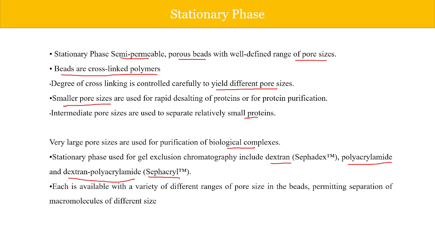Each is available with a different range of pore sizes in the beads, permitting separation of macromolecules of different sizes. So the stationary phase can be comprised of different pore sizes, which will help you in separating different sizes of proteins or macromolecules.